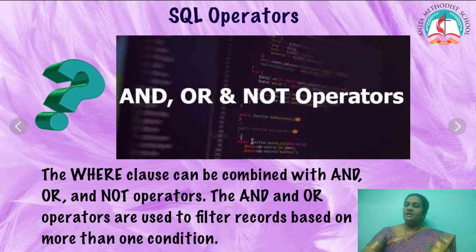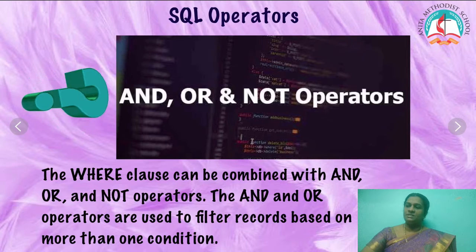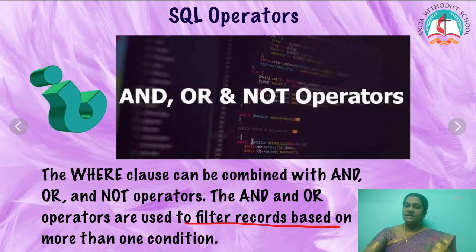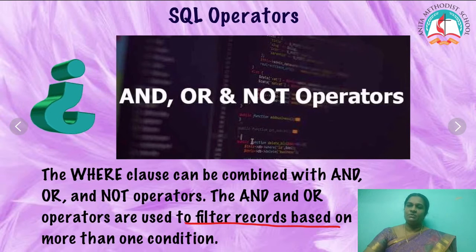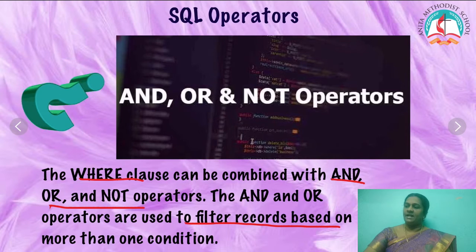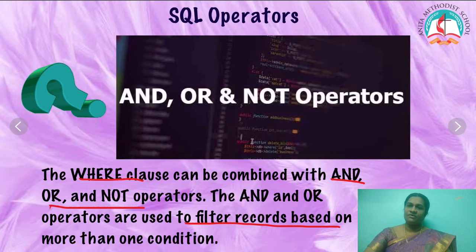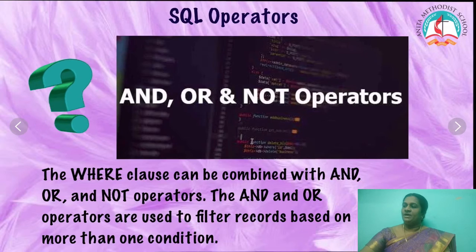The AND and OR operators are used to filter records based on one condition. That is the main use of the where clause with AND, OR and NOT operators. Mainly AND and OR are used for filtering a database. Good children.